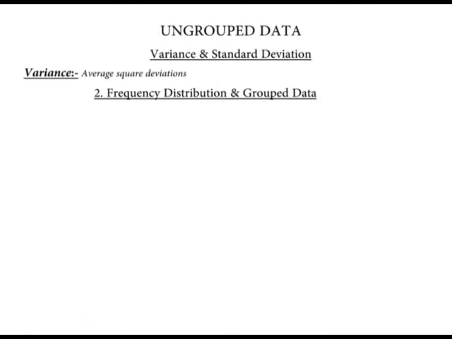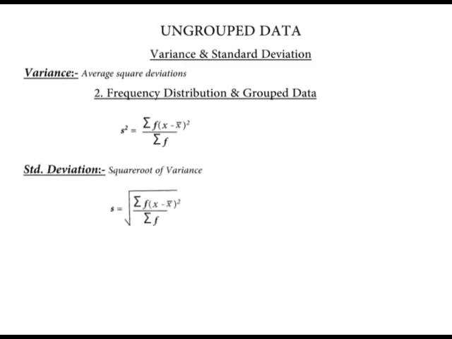For frequency distribution including grouped data, variance is equal to summation of f times x minus x bar squared over the summation of frequency. And that means the standard deviation will be the square root of that. That is, standard deviation is equal to the square root of summation of f times x minus x bar squared over the summation of frequency.